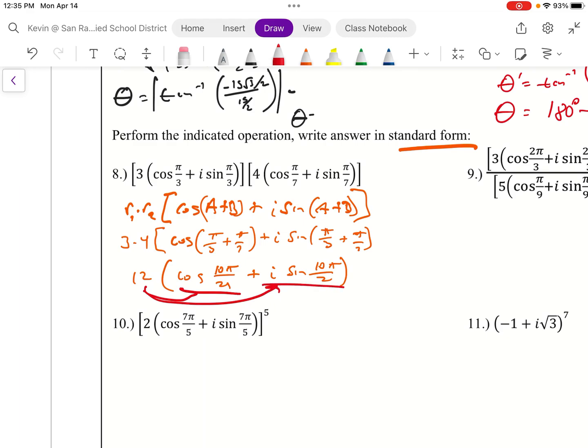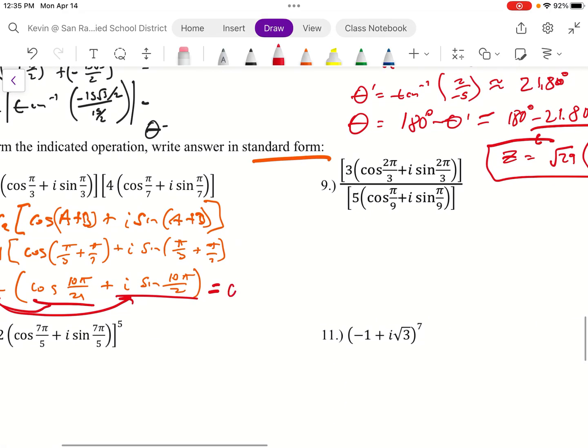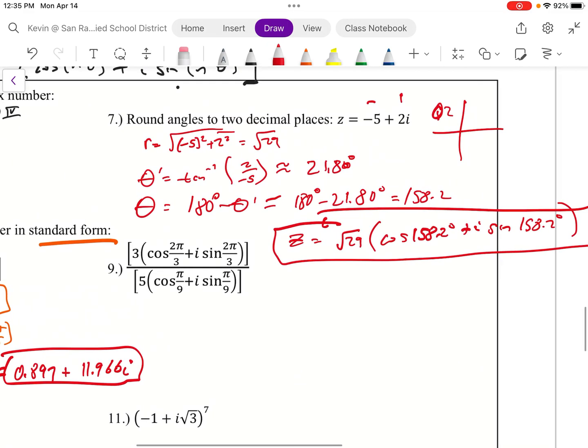So I have to use my calculator, figure out what the cosine of 10 pi over 21 is, then multiply it by 12. So that gets a little tricky, but I will tell you the answer. 0.897 plus 11.966i.